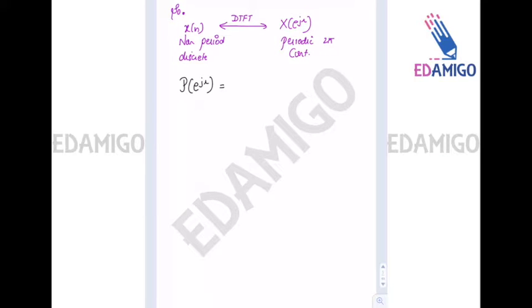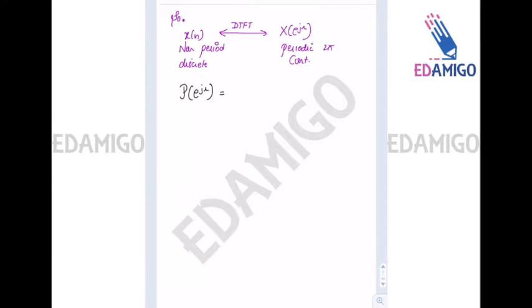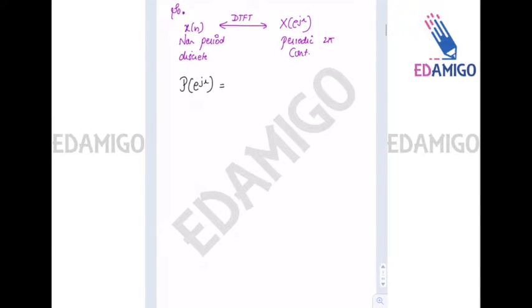So the impulse train has N number of impulses in one period. Since DTFT is always periodic with period 2π, the definition of this, as we have seen already, is this.